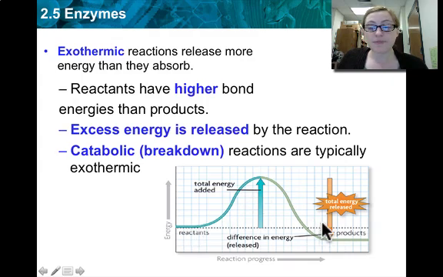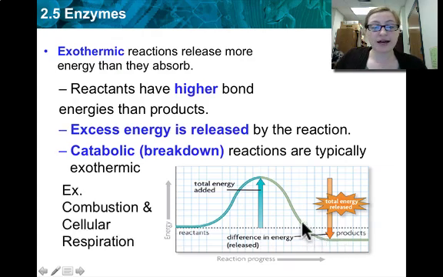So what has happened here is I have released more energy than I put into the system. Or in other words, my reactant energy was greater than my product energy. And what that means is overall, we've released more energy than we have absorbed. Typically, you're going to find catabolic reactions such as combustion being exothermic, and catabolic is describing the breakdown of molecules.